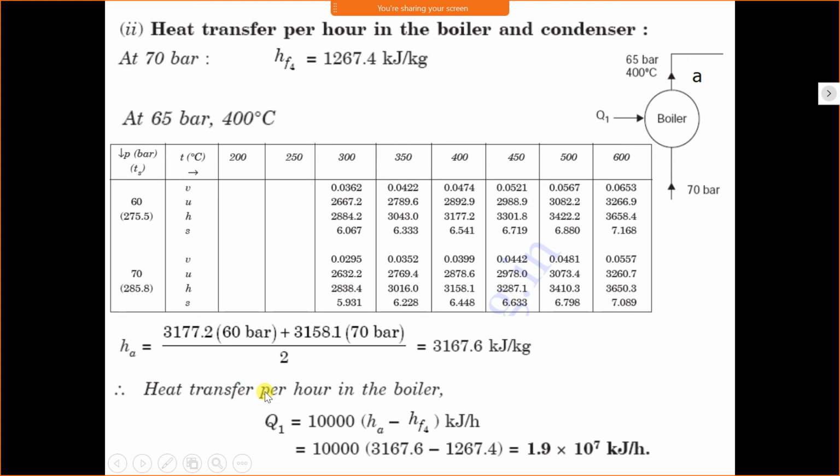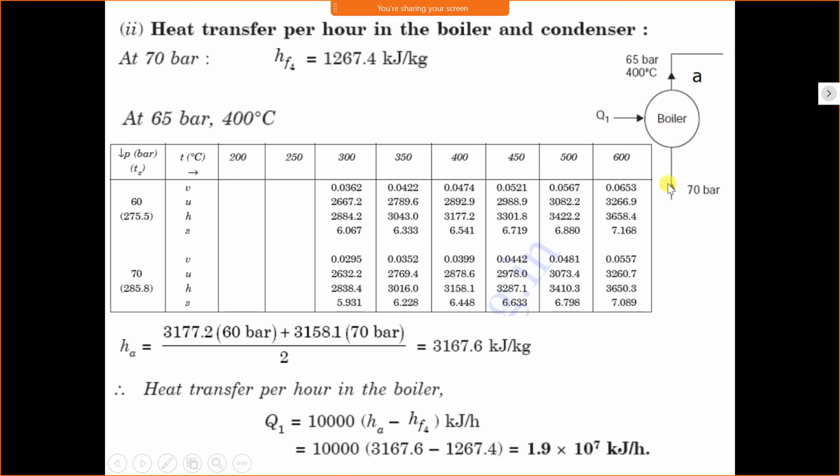Now the heat transfer per hour in the boiler. We have to calculate Q, the heat transfer to the boiler. Therefore we have to consider enthalpy across the boiler. The inlet enthalpy of the boiler will be at 70 bar, and the inlet condition of water is subcooled water.